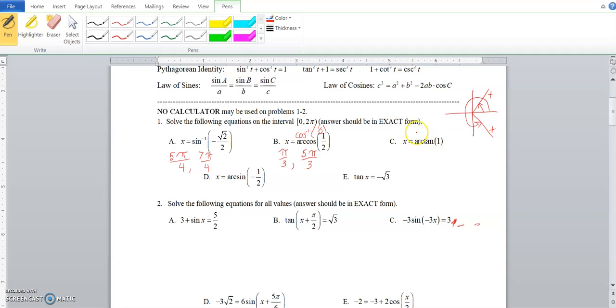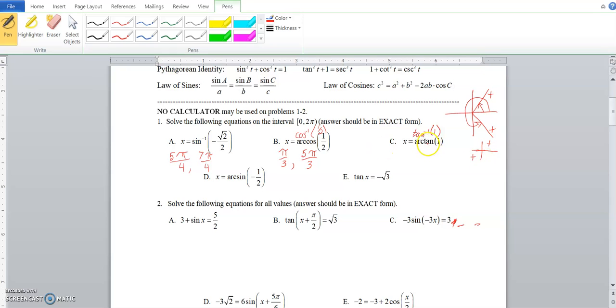Here we have arctan, or tan inverse of 1. So where on the unit circle, what angle gives us a tangent of 1? Tangent's positive here and here, quadrants 1 and 3.